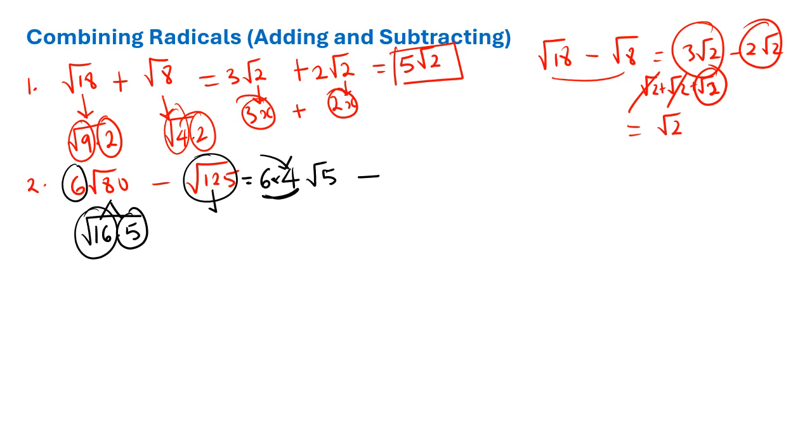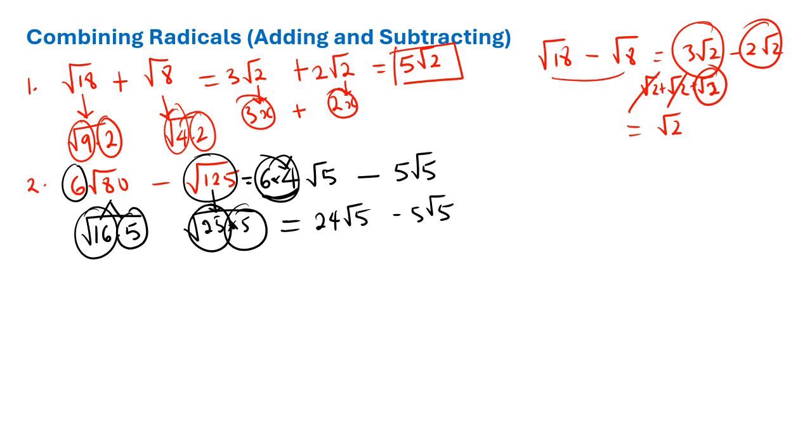So 125 is 25 times 5. Okay, so if I wrap it up with a square root, the square root of 25 is 5, and the square root of 5 is square root of 5. All right, so this simplifies to 24 square root of 5 minus 5 square root of 5.